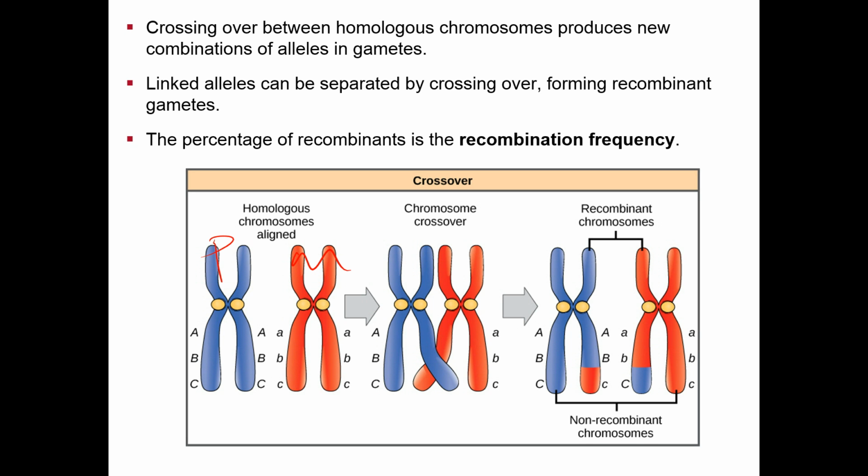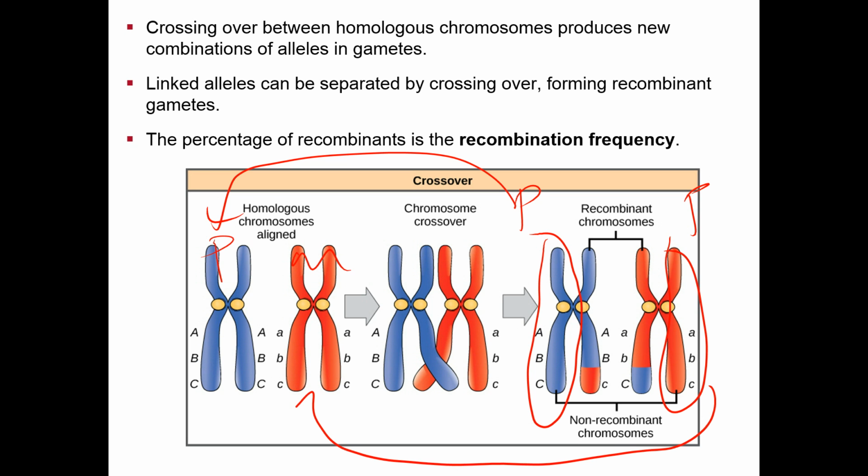They have copies of the lowercase, all recessive alleles. And if you have crossing over that takes place, you end up with recombinant gametes. So this is parental. This is parental, because they look exactly like the parent.